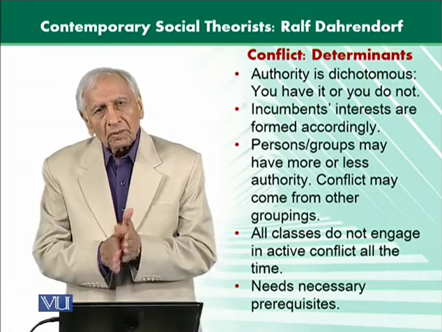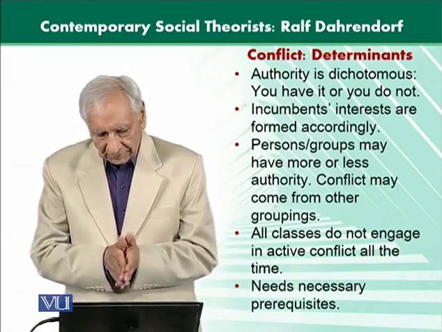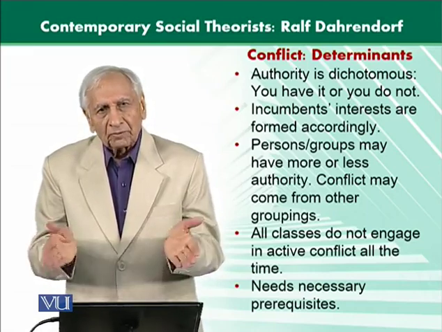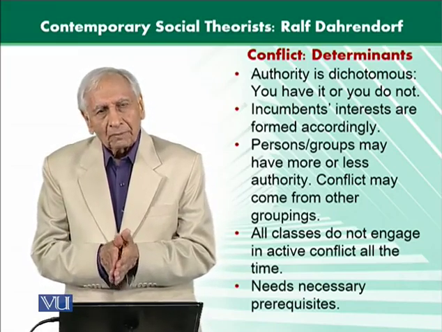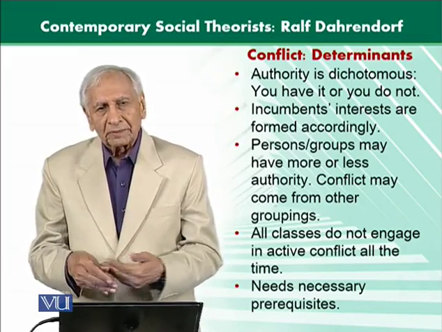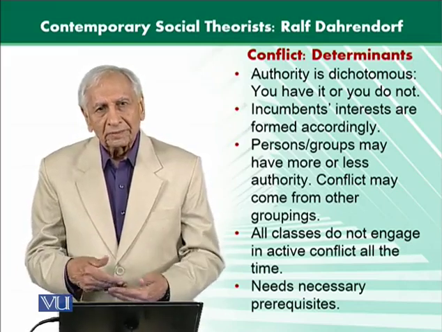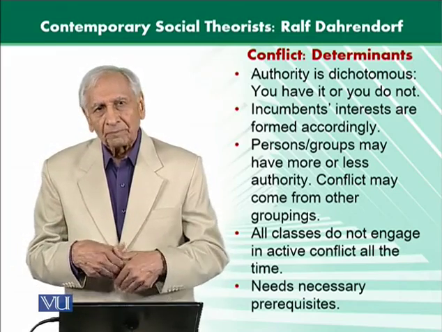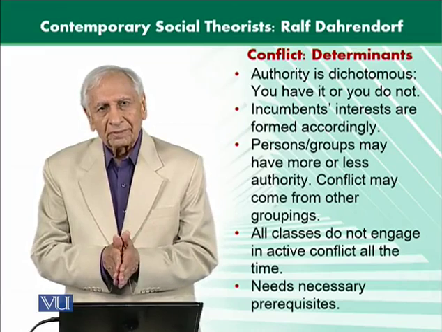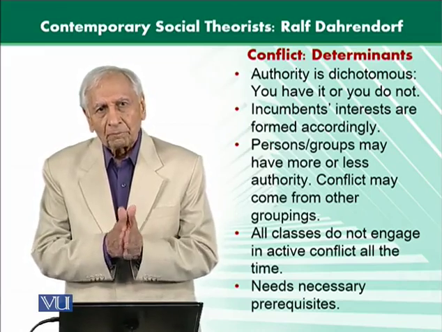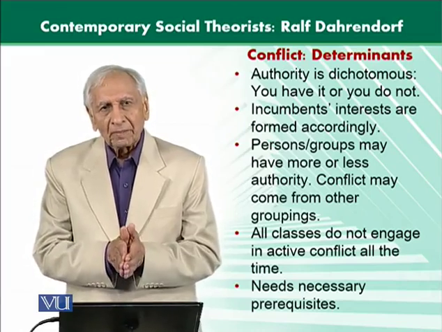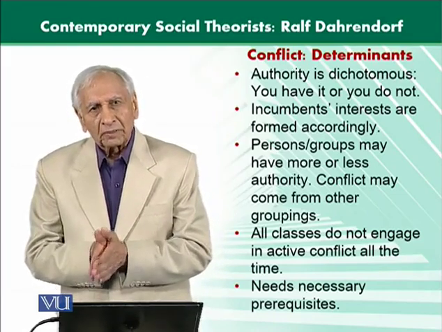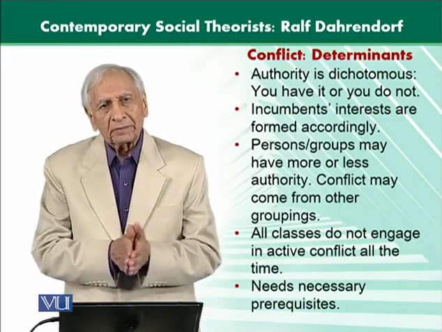So the conflict needs certain necessary prerequisites, and here we might call them determinants. We started with the determinants as inequalities in the groups, inequalities from different angles, and one inequality could be considered as power or authority, and the exercise of this authority on those without that authority can generate conflict.